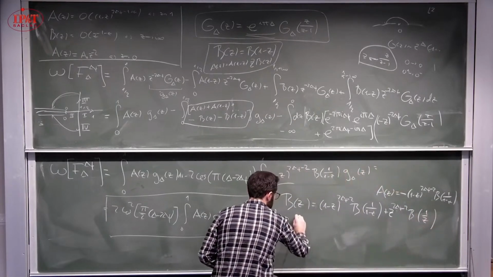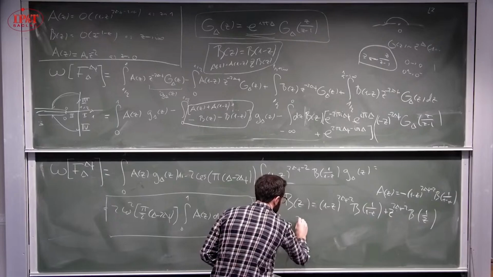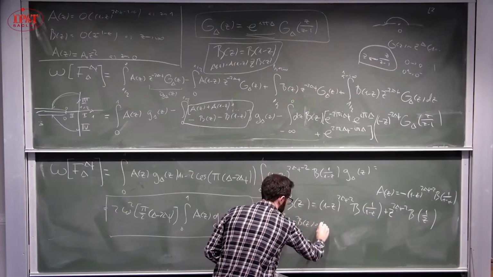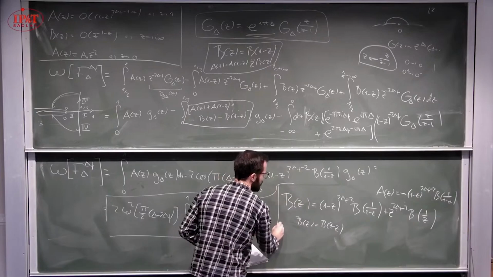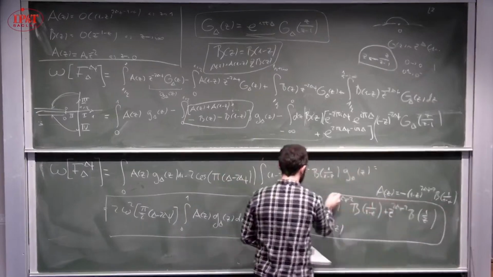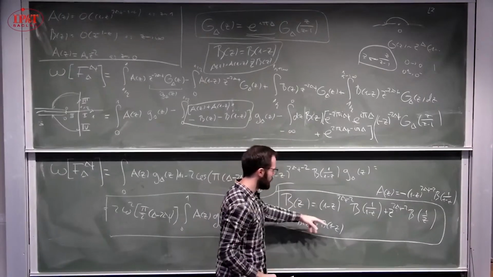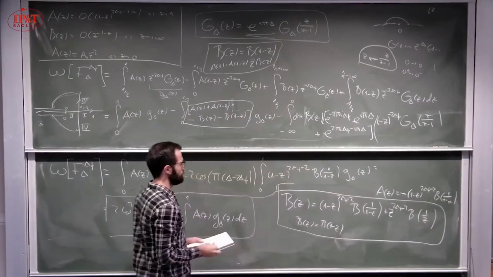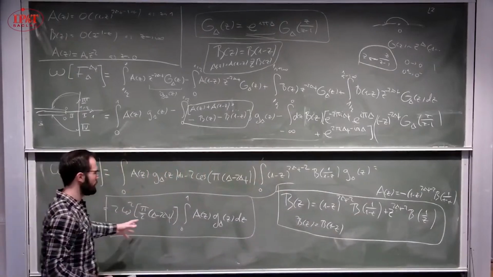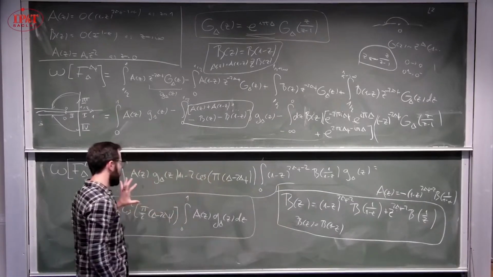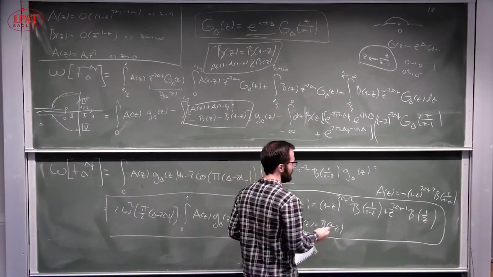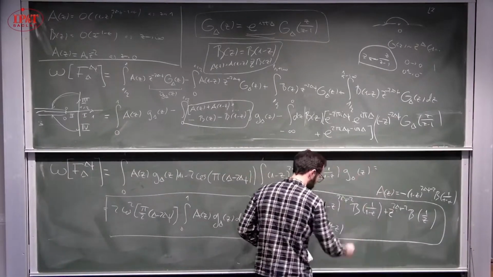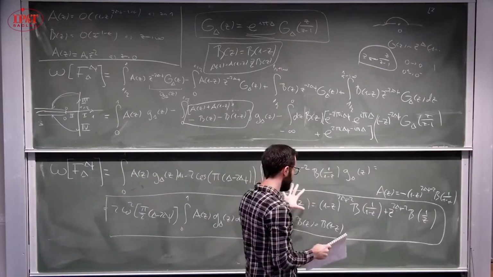And remember that b is symmetric. Then once we find a b, then we can find an a from here. So if we can find a b such that this is satisfied, then we solve the problem. We still need to check that a is positive, right? But this will be true for the unique solution.